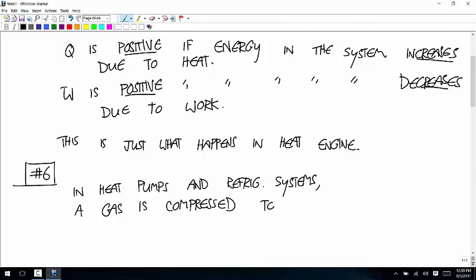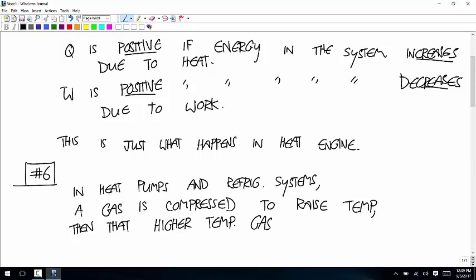So the gas is compressed to raise the temperature. And then I guess what it doesn't say here is that the higher temperature gas loses energy to the surroundings through heat.